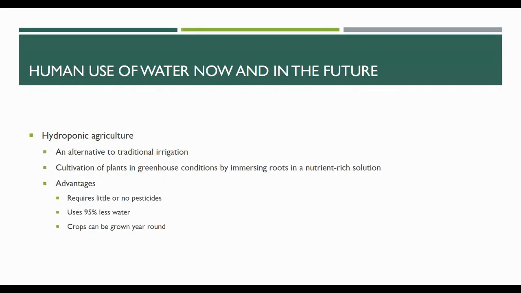Hydroponic agriculture is an alternative to traditional irrigation, and that is the cultivation of plants in a greenhouse-like space, and it immerses roots in a nutrient-rich solution. So these plants are kind of going to be floating on water, and it has a pumping system that will move water and nutrients around to make sure that all of whatever is growing there has access to that.